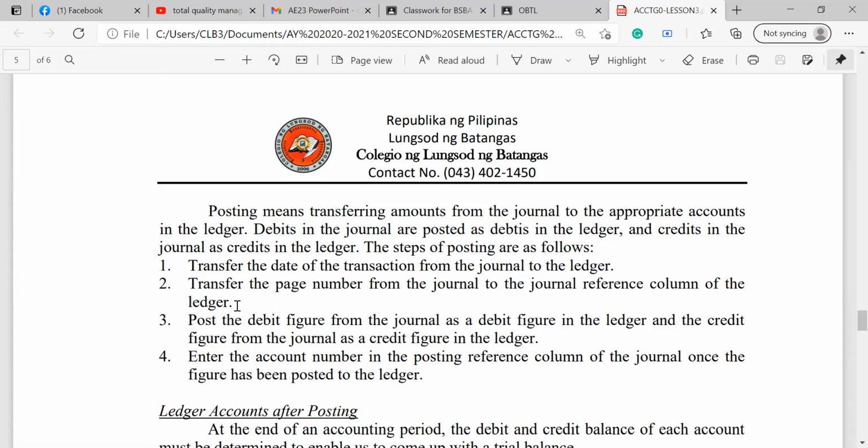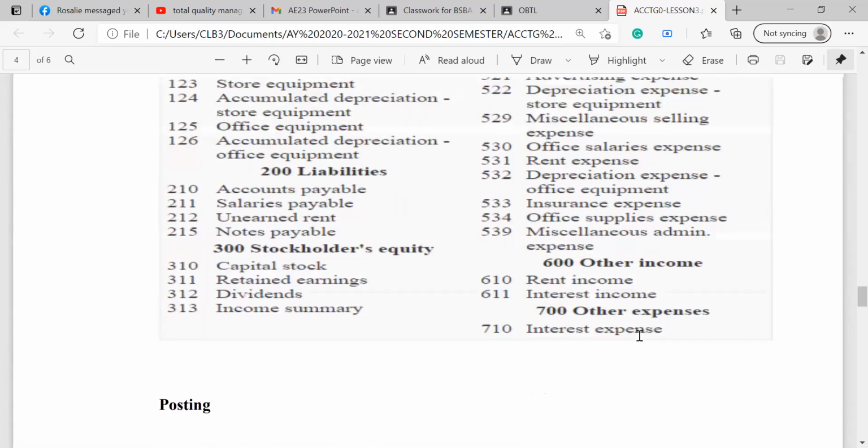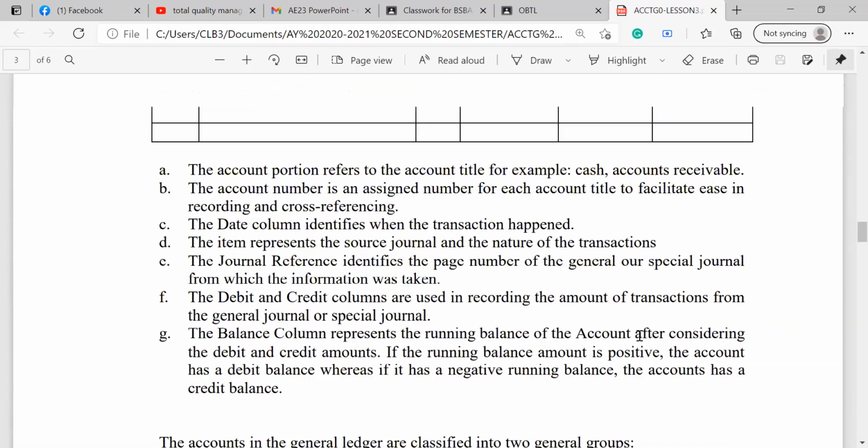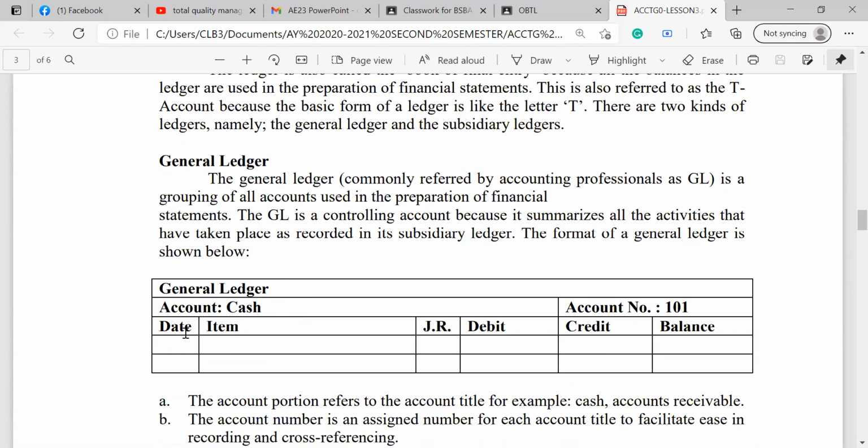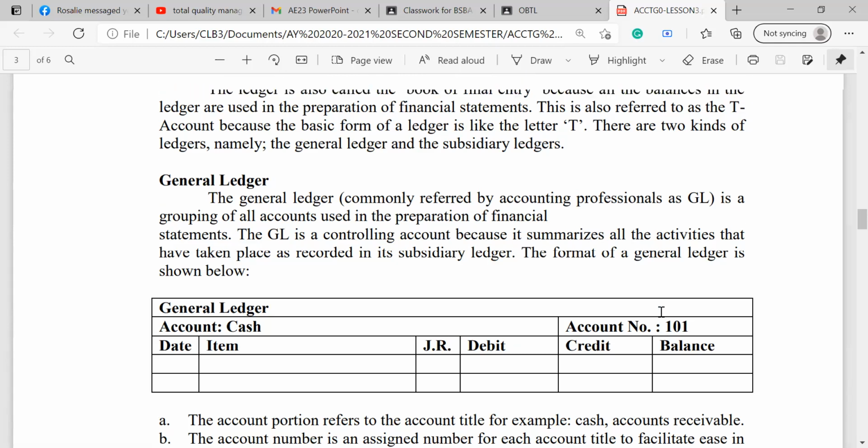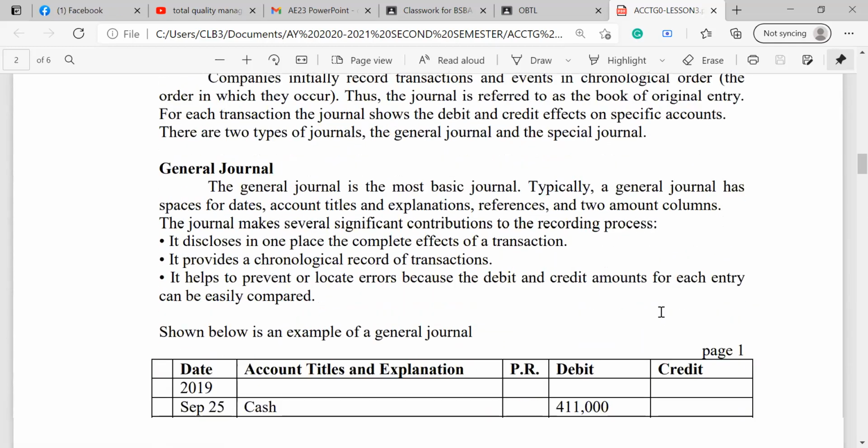Okay. Now, eto, akyat lang natin ng konti. So, ito yun, di ba? Transfer the date. So, kung ano yung date na nasa journal, lagay mo lang dito. Item, ganyan. Dito sa journal reference, ito yung page number. Now, kapag katapos mo na to, babalik ka ngayon kay journal. Ilalagay mo ngayon yung account number. Ito, yung 101. Saan mo siya ilalagay? Akyat ulit tayo ng konti. Saan mo siya ilalagay?